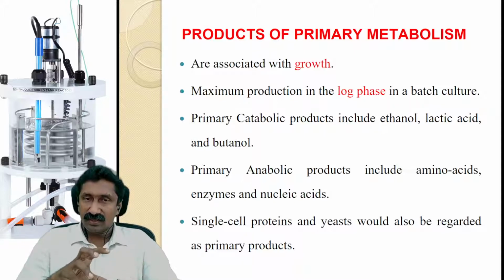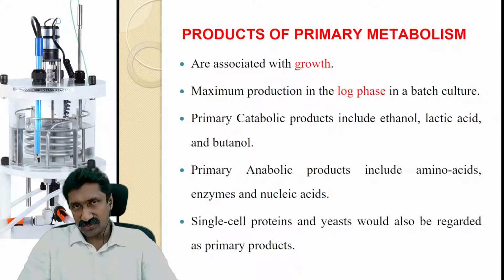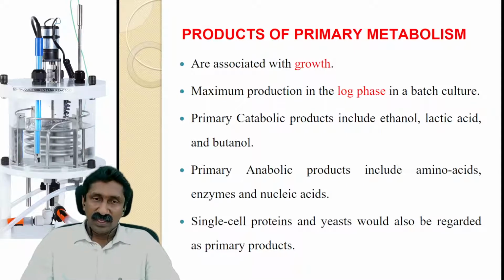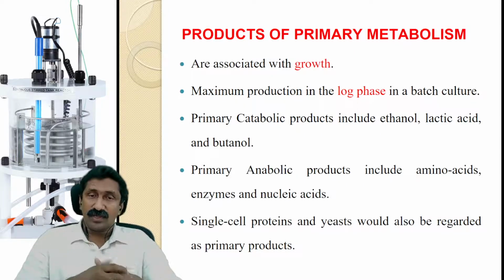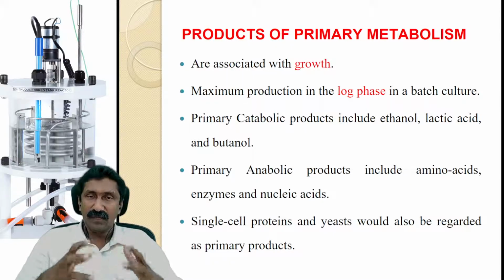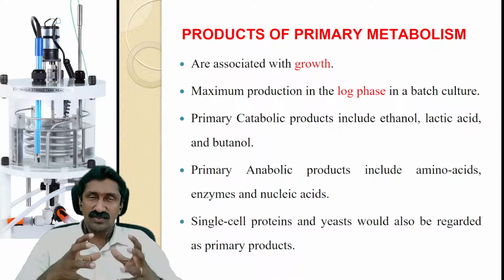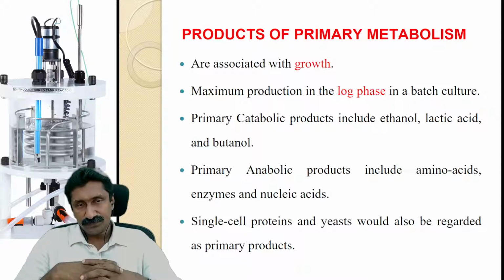So these are catabolic products of primary fermentation or primary metabolism: ethanol, lactic acid, and butanol. Whereas primary anabolic products include amino acids and nucleic acids. So these are some of the primary products which are absolutely required for the existence of the cell, or growth and survival of the cell.